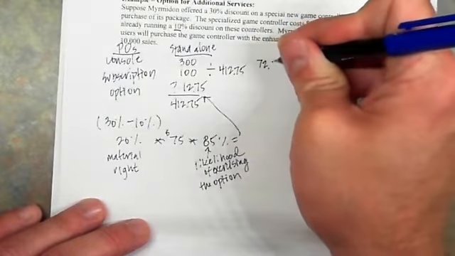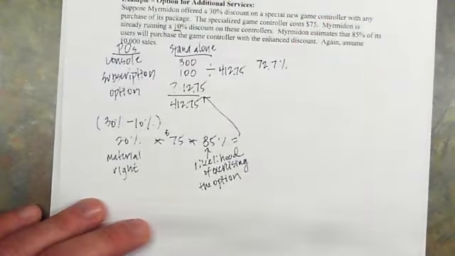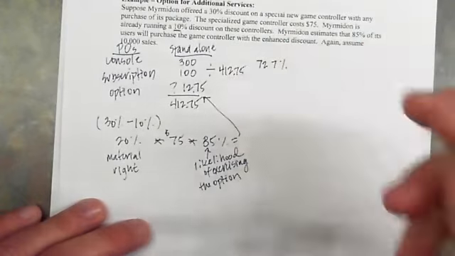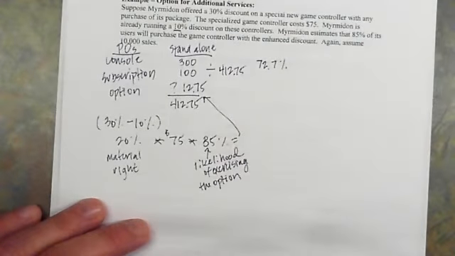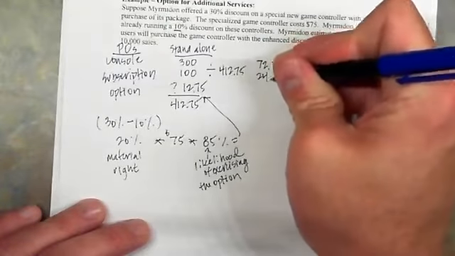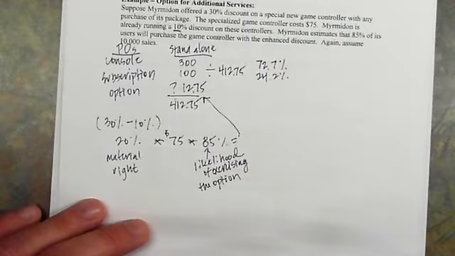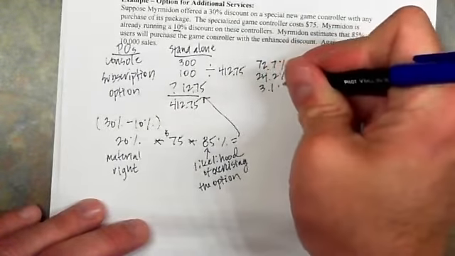In this case, I ask that you round to the nearest tenth. That way our calculations are somewhat on board with each other. 100 divided by 412.75 is 24.2%. And then 12.75 divided by 412.75 comes out to 3.1%.